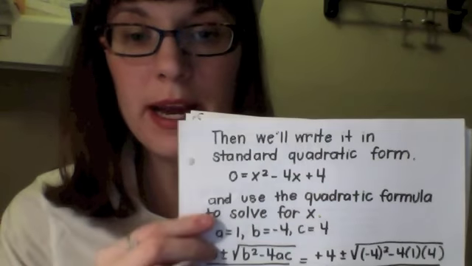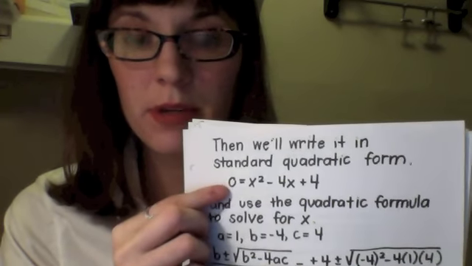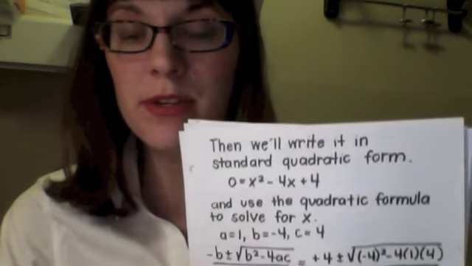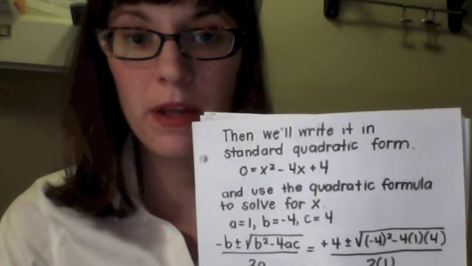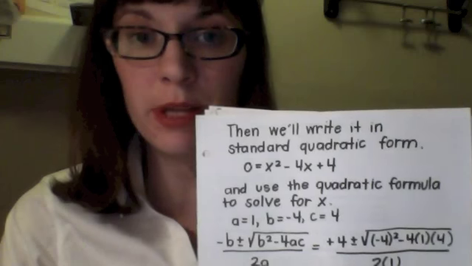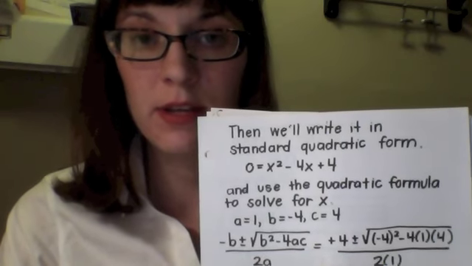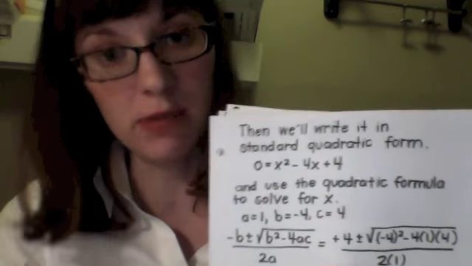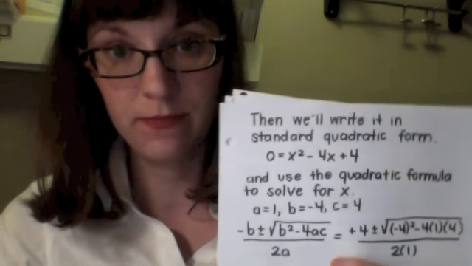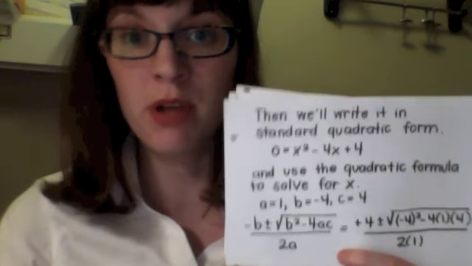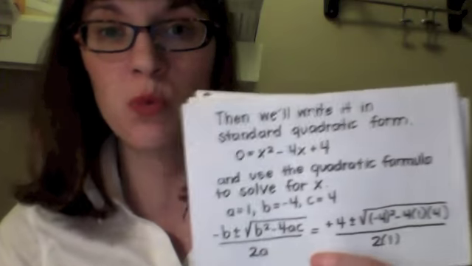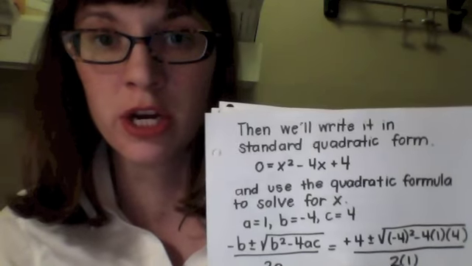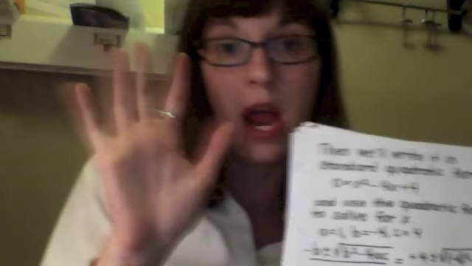Now I write it in standard quadratic form, going from greatest degree of 2 to smallest degree of 0. And I use the quadratic formula to solve for x. You should all know the quadratic formula by now, but just in case, we can practice together one more time. -b plus or minus the square root of b squared minus 4ac all over 2a.